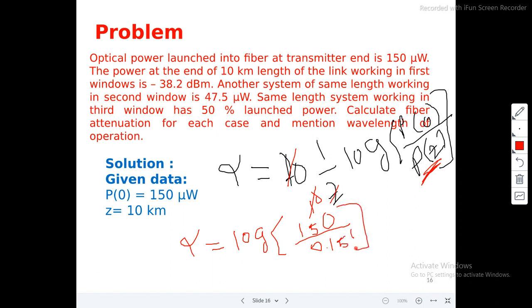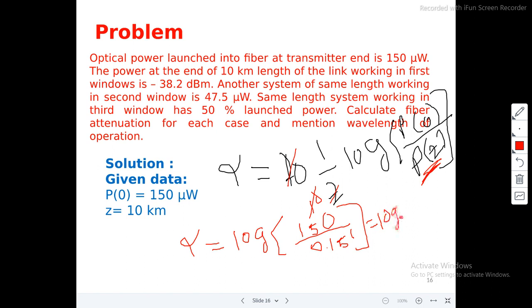So first calculate the value of 150 by 0.151.